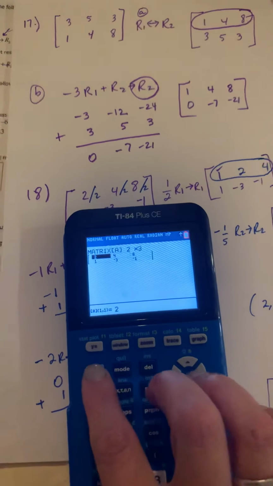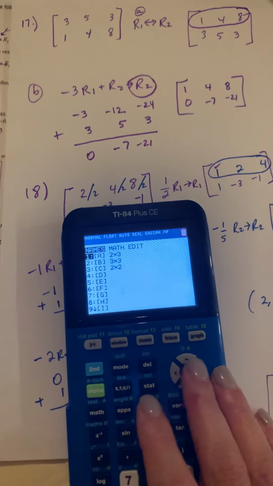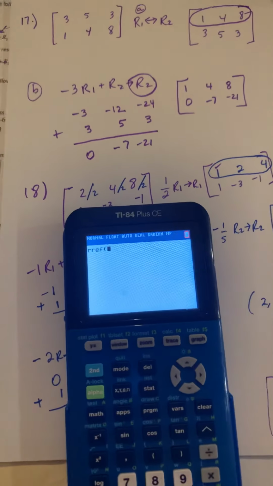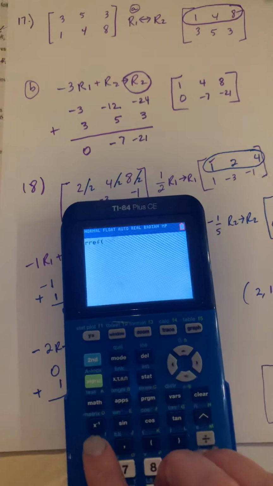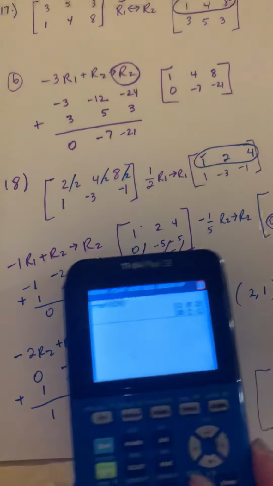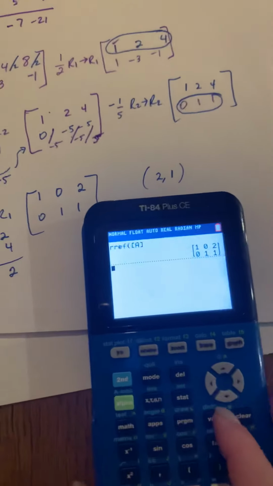I already had it in there. Second quit, second matrix, go over to math, go up to RREF, go back into the matrix, last time, grab it and hit enter, and I get the same answer I got right here. So I did it correctly.